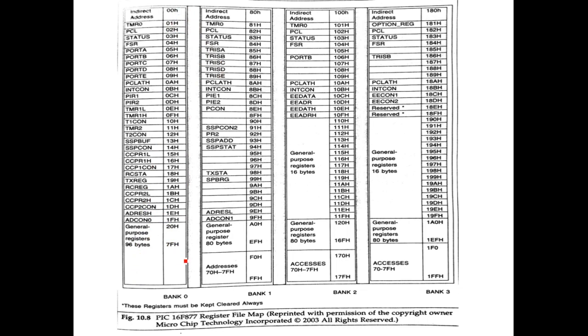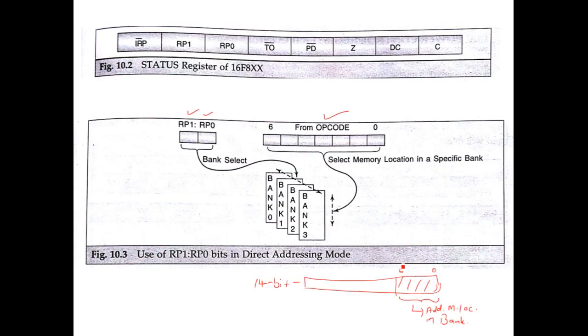To address 128 locations, you need a 7-bit address, because 2 raised to 7 is 128. Therefore a 7-bit address is needed to address one of the locations in this bank. That is provided in the opcode, as we have seen here.